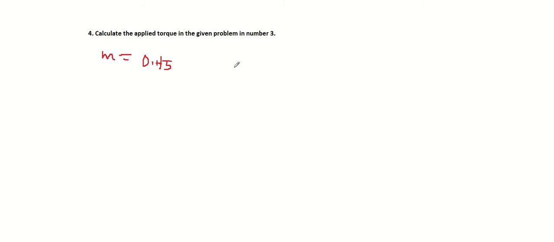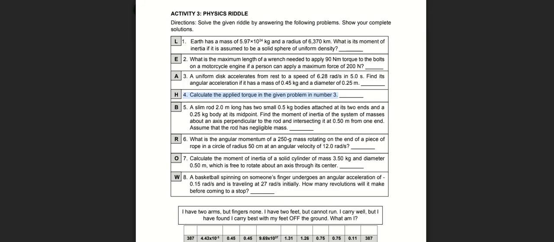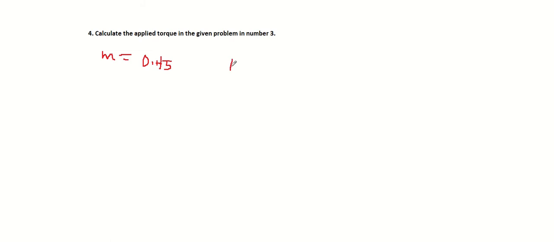Actually, hindi natin kailangan yung diameter dito. Ang kailangan natin is radius. Kung yung diameter niya is 0.25, kalahati ng 0.25 is 0.125. So, yun na yung isulat natin kagad. Radius is equivalent to 0.125.